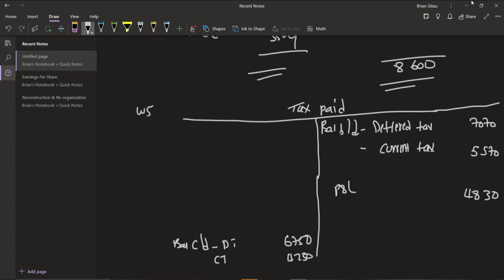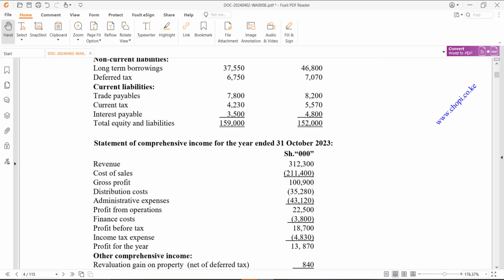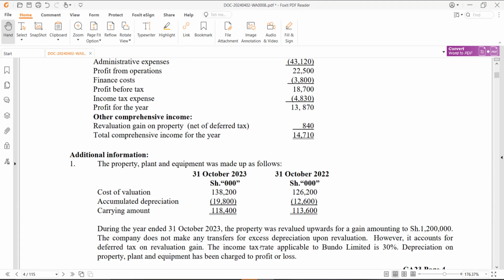Remember that our goal for this account is to figure out the tax that was paid for that year. And for evaluation, we are told that, it was point number 1, I think. Let's check.